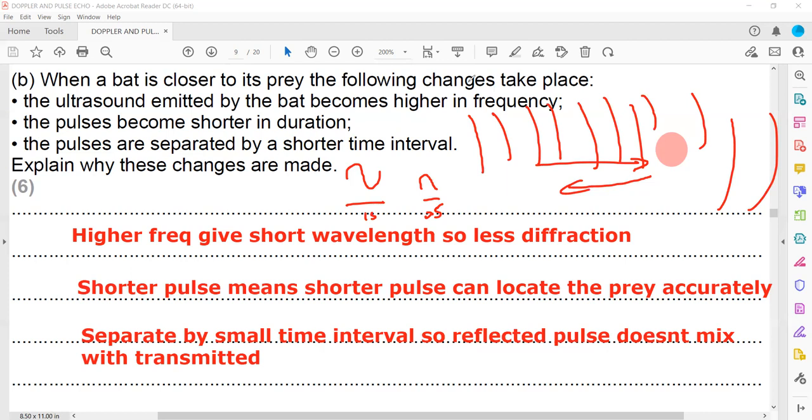Is it clear? This question, why the bats, when they are approaching a prey, increase the frequency of the wave which is emitted, the pulse becomes shorter, and there is a time interval between the pulses of the wave sent and received.